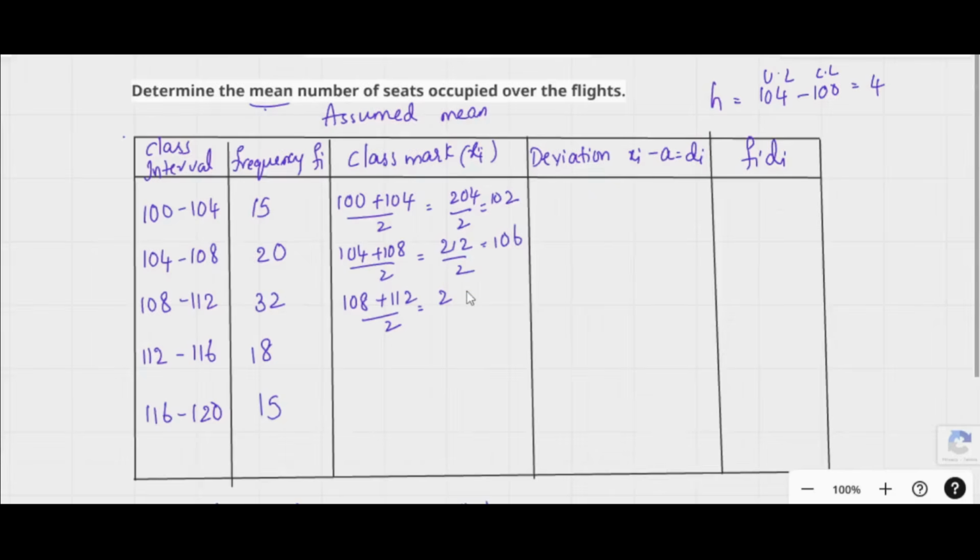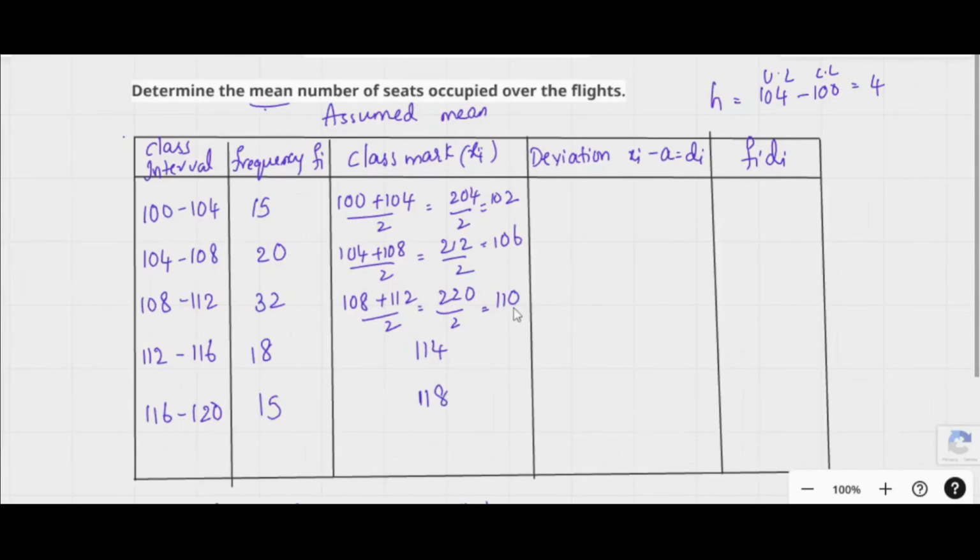No need to do all this. I'm doing this just to explain how it has come, but if you are short of time in your exam, you can just add h to each class mark. 102 plus 4 is 106, and 106 plus 4 is 110. Again, 110 plus 4 is 114 and 114 plus 4 is 118.